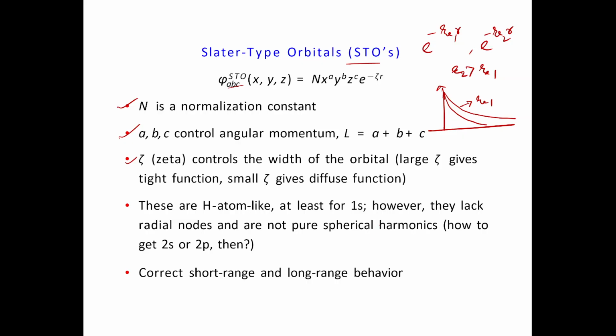However, as zeta 2 is greater than zeta 1, it will fall even faster. So it controls the asymptotic limit, how fast it decays. These are H-atom-like, at least for 1s; however, they lack radial nodes and are not pure spherical harmonics. Now, how to get the 2s and 2p by controlling the a, b, c that is there? And it gives you the correct short range and long range behavior.